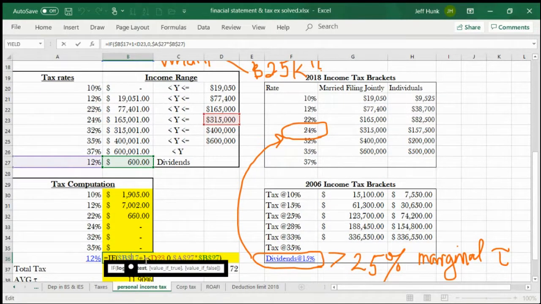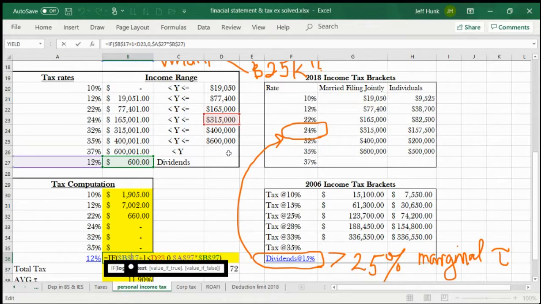You add one more to your taxable income, and if it is still below D23, what's D23? This is D23. That's the upper bound of the 24% bracket.